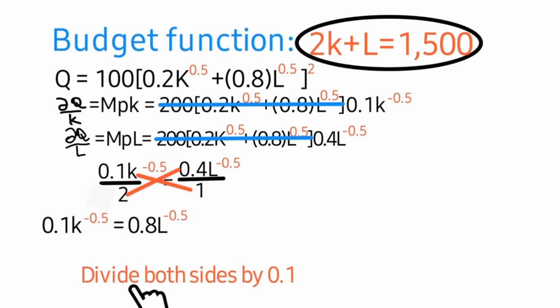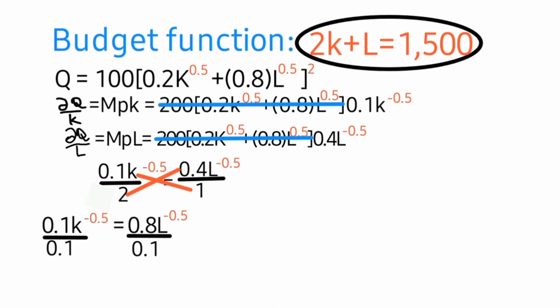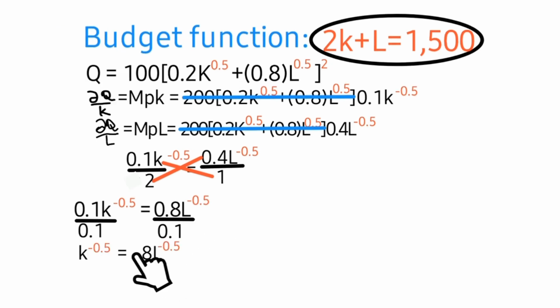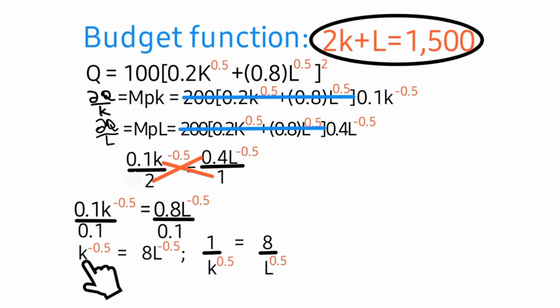Next step is to divide both sides by 0.1. When that happens, 0.1 here will cancel 0.1 here and we'll be left with 0.8L raised to the power of minus 0.5 divided by 0.1 gives 8, bringing this in the form of a fraction. The minus here represents 1 over; when K raised to the power of minus 0.5 goes down, it becomes K raised to the power of 0.5.